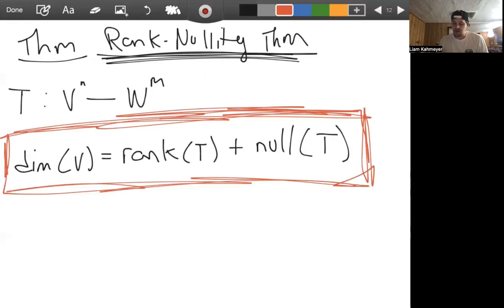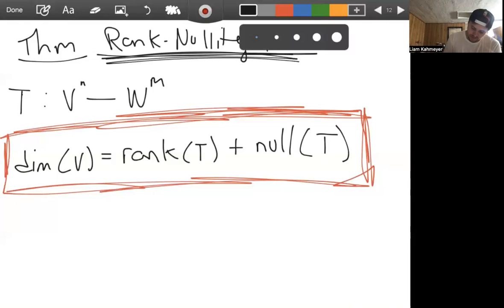Okay, I think what I want to do is one more example here, and then we'll move on to looking at the matrix of a linear transformation. Well, before we do the example, there are a few more things I want to say.